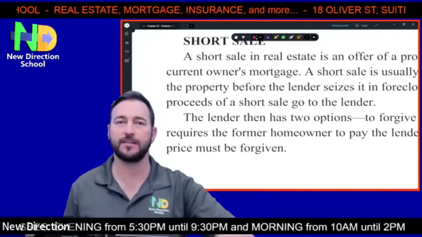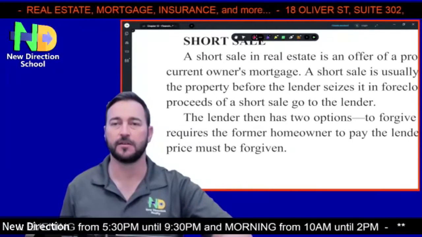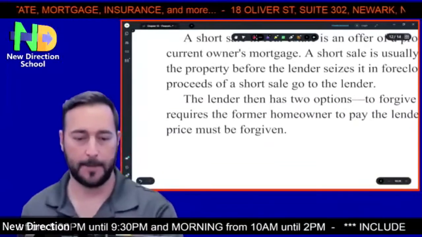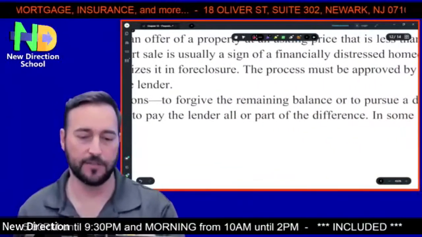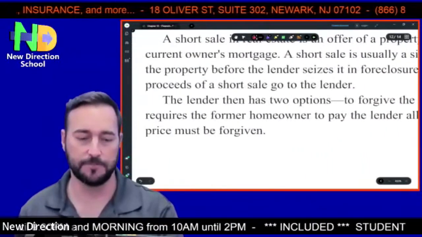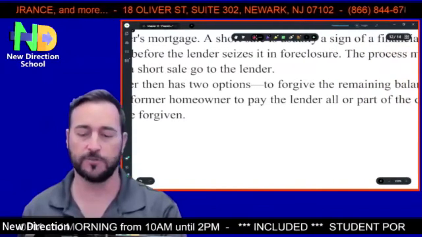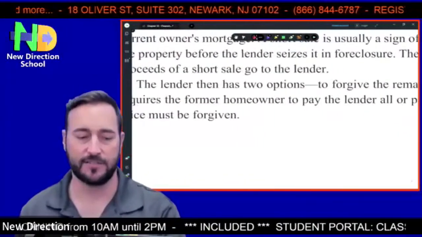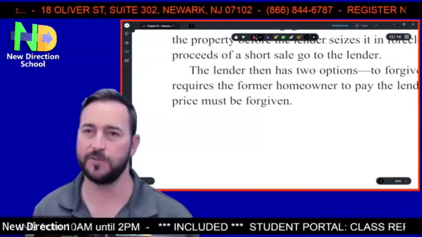If you receive any money at the time of a short sale, that money needs to go to the lender. Okay? Now, the lender has two options, either to forgive the remaining balance or to pursue a deficiency judgment that requires the former homeowner to pay the lender all or part of the difference. In some states, this difference in price must be forgiven.